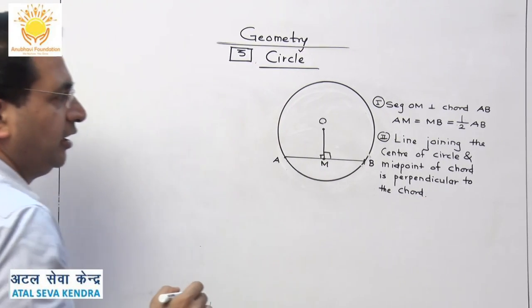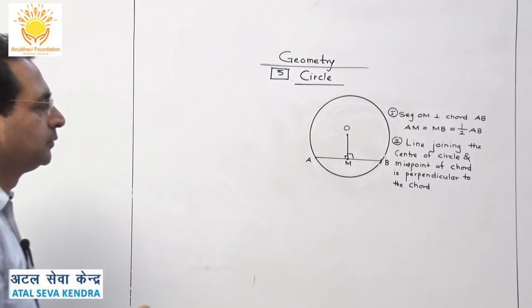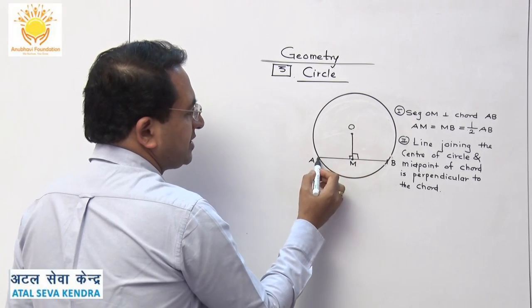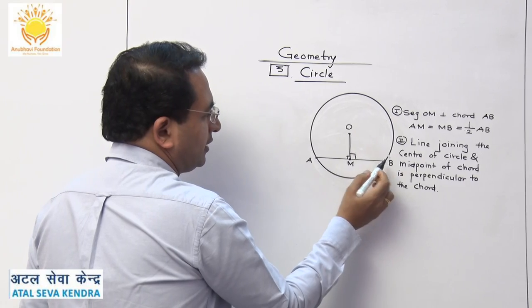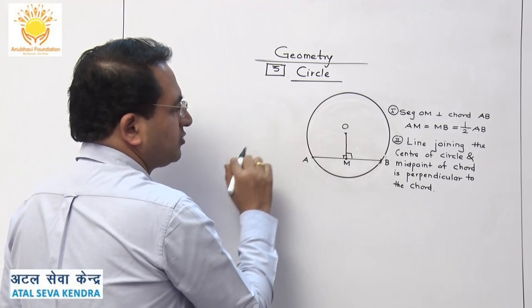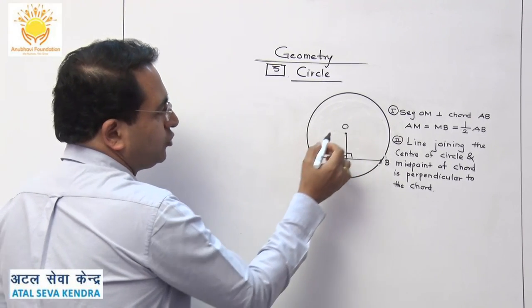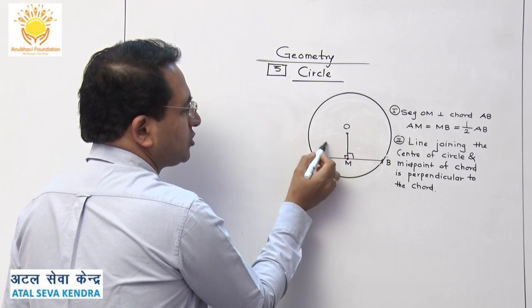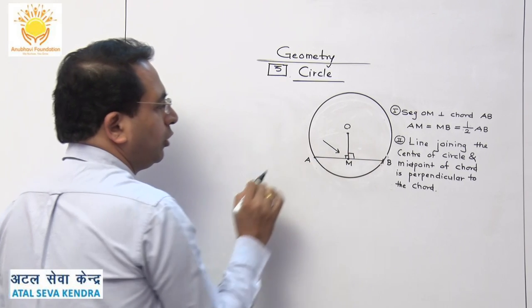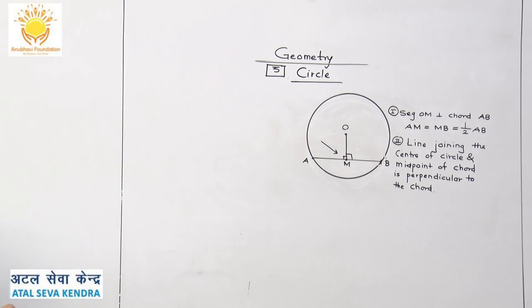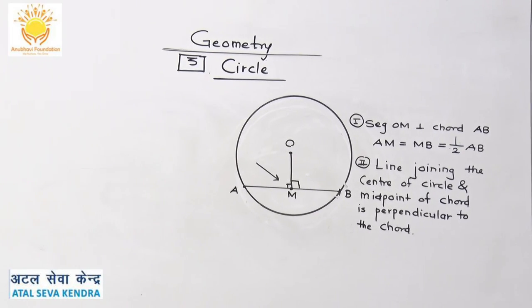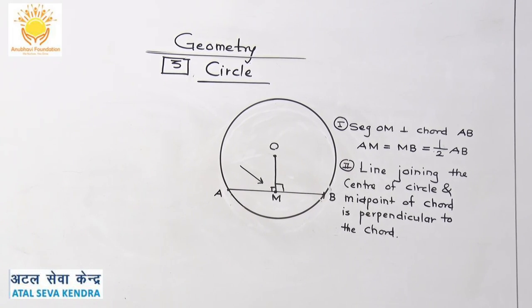So remember it like this. If you drop the perpendicular on the chord, it bisects the chord. That is a theorem, and the converse will be, if you join the center of the circle with the midpoint of the chord, then it is going to be perpendicular to the chord. These are the two main properties you have studied in your 9th standard.